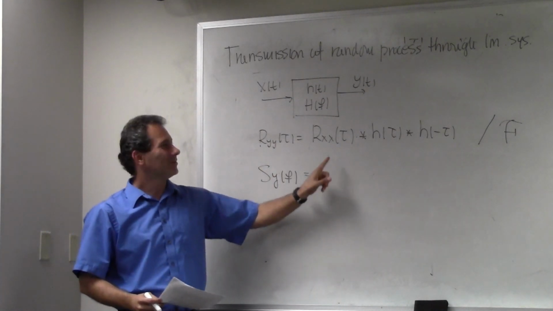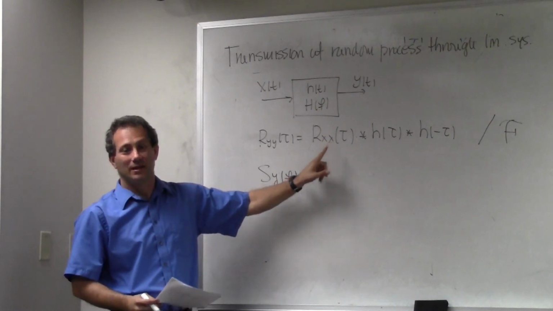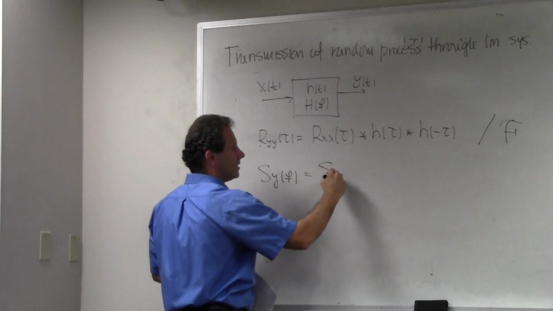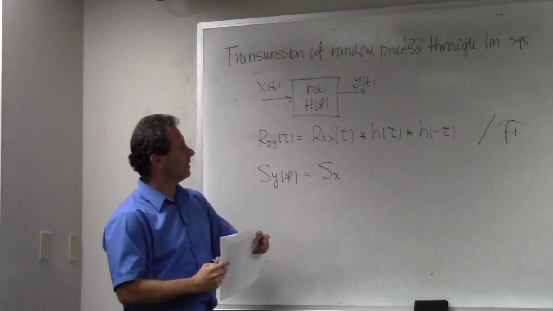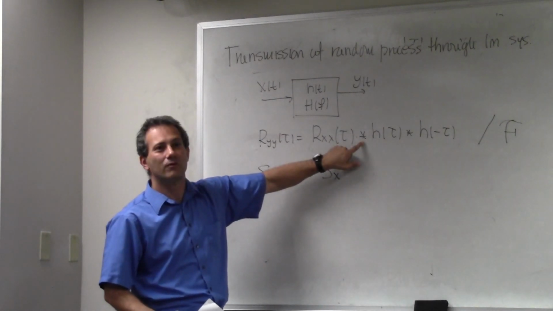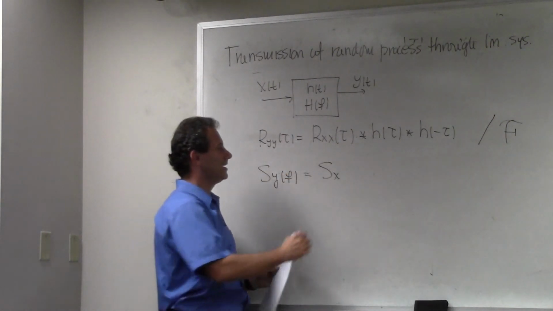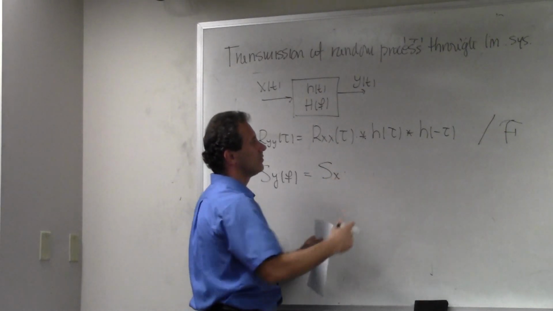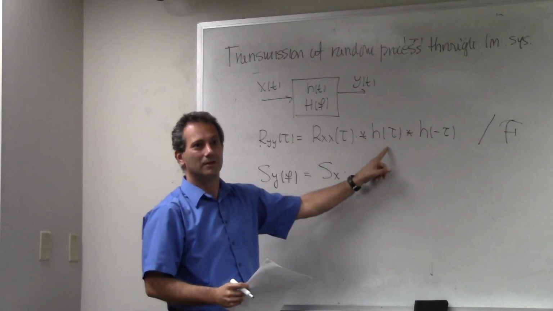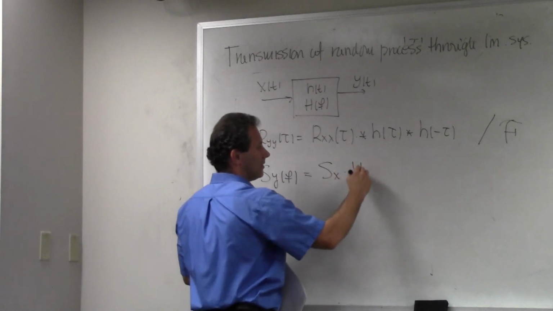And then what's the Fourier transform of this? What's, under quotes, the Fourier transform of convolution? Multiplication, right? What's the Fourier transform of the impulse response? H of f.